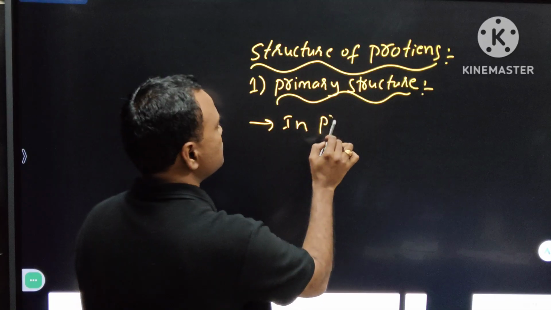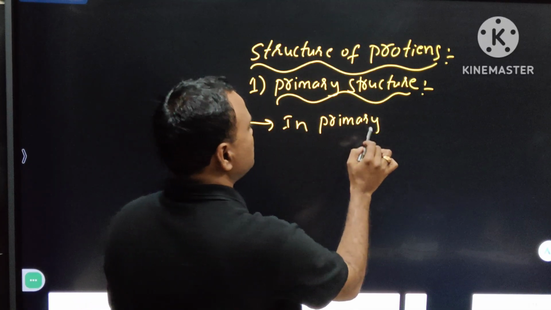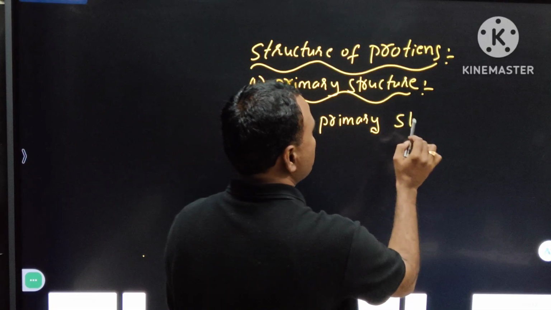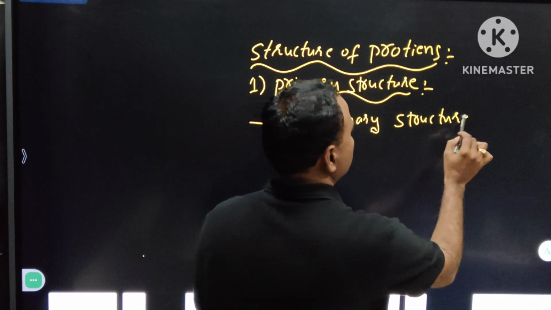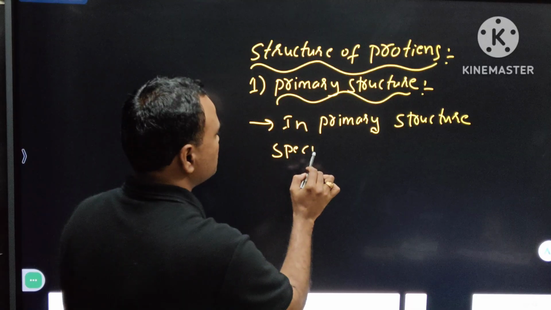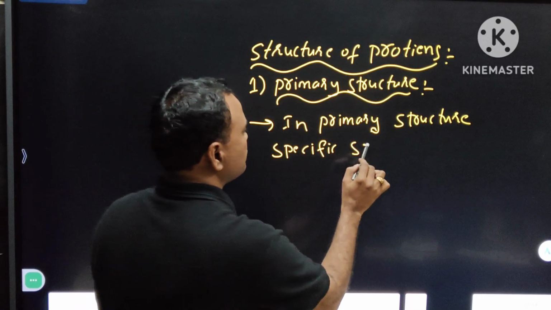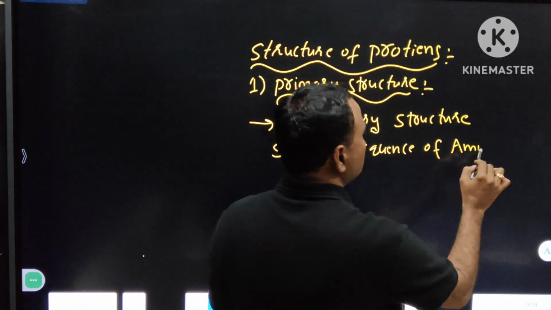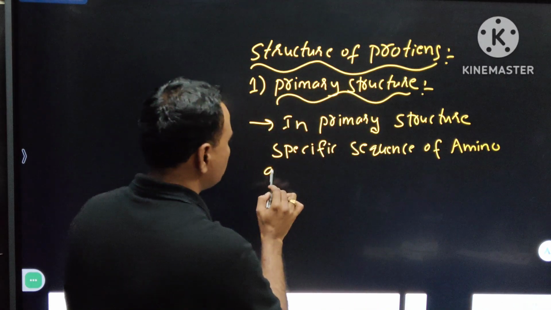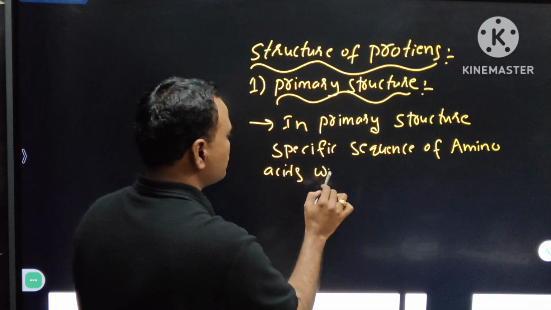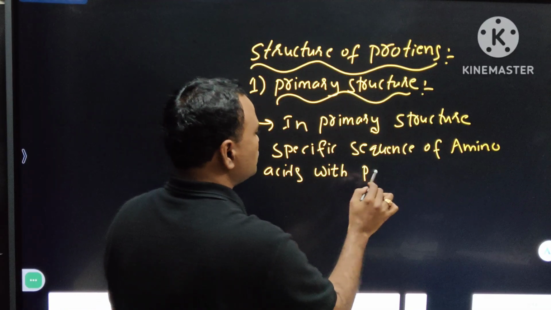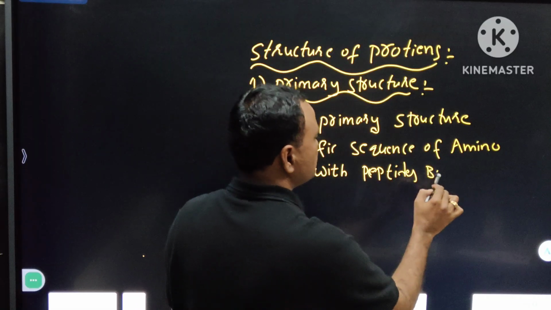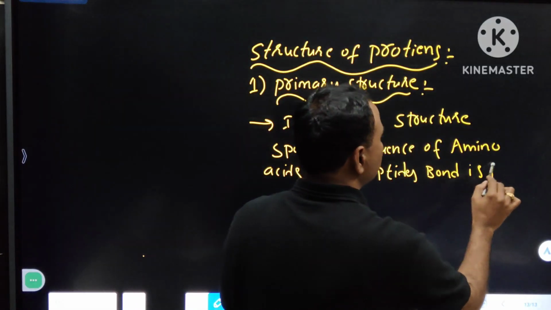In primary structure, a specific sequence of amino acids with the peptide bonds is present.